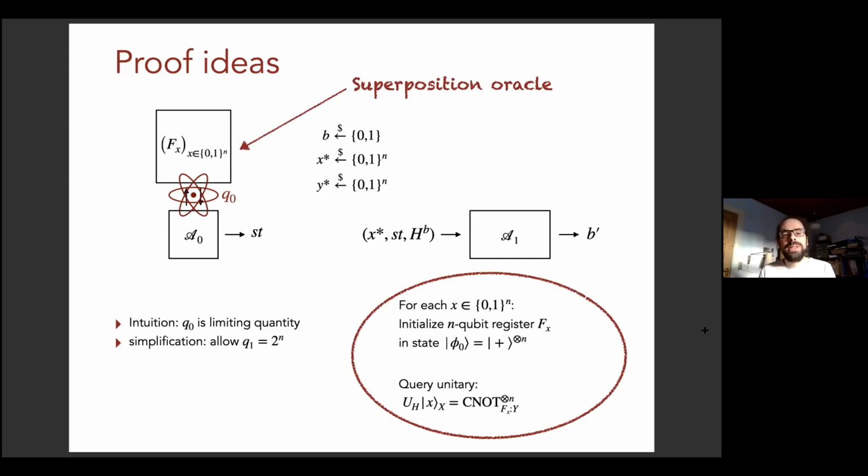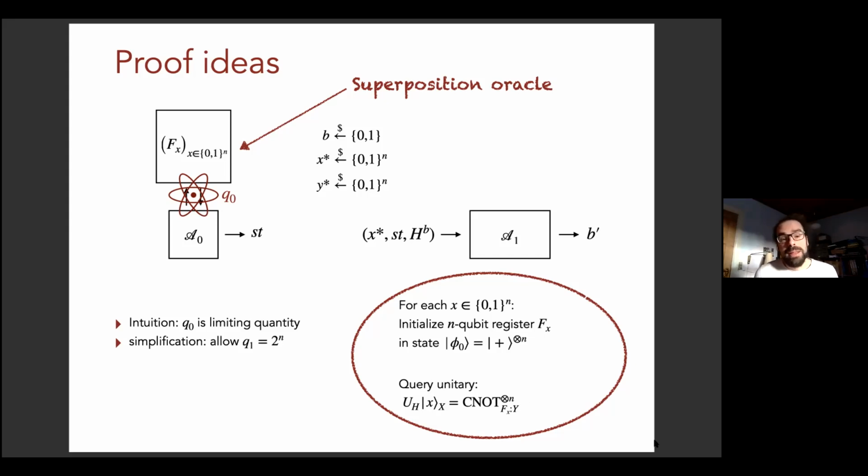So we now model the random oracle that A0 interacts with as a superposition oracle. So I drew this box here with its registers, and just keep in mind the way that the queries are answered. They are just answered by operating on the adversary's query registers and the oracle registers.